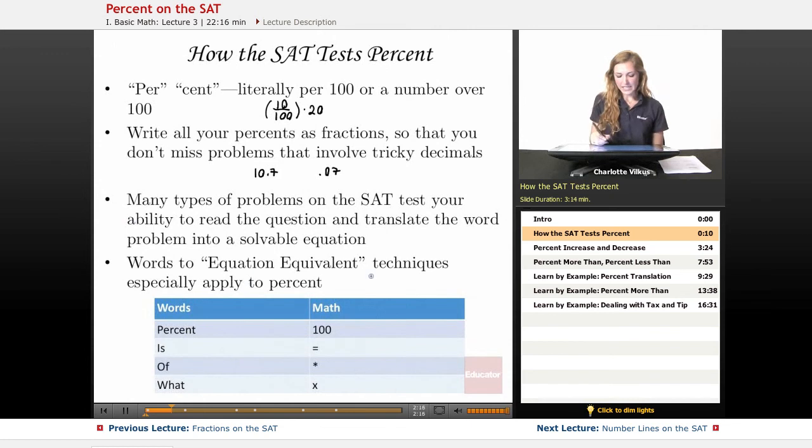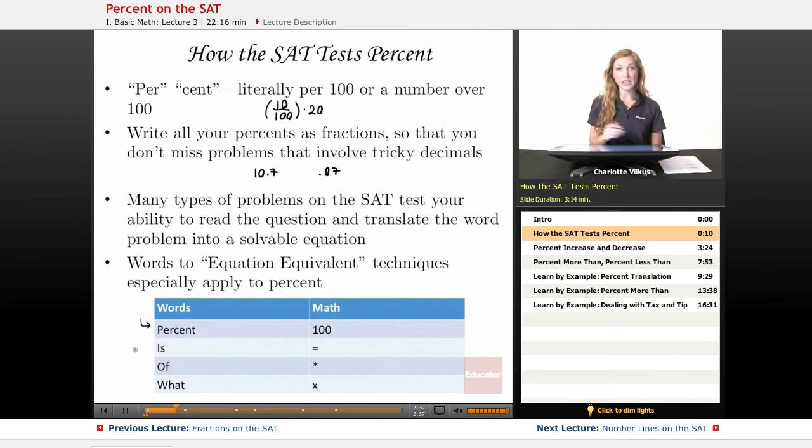And what that means is when you see a word, you should know what you're replacing that with. So we already talked about percent, and when we see the word percent, we take the number that we're talking about, so 10%, and we put it over 100.